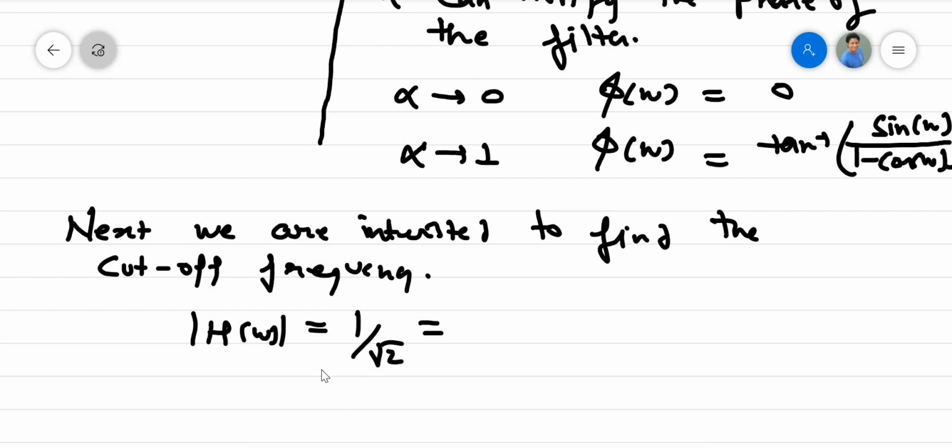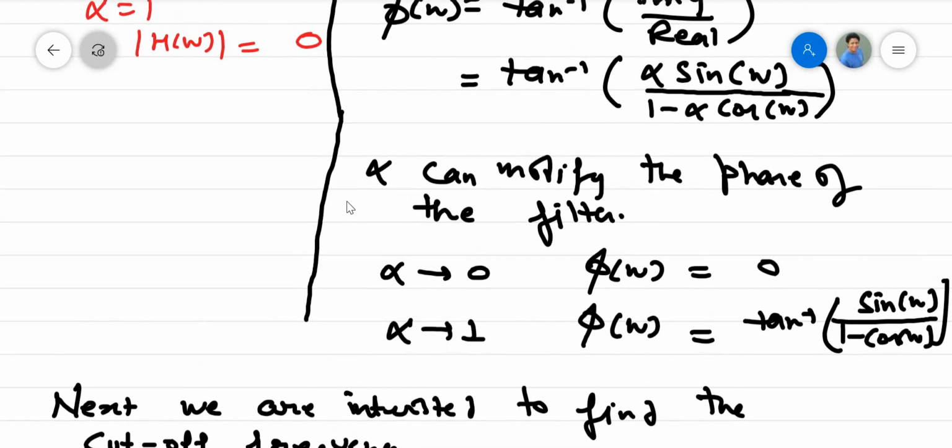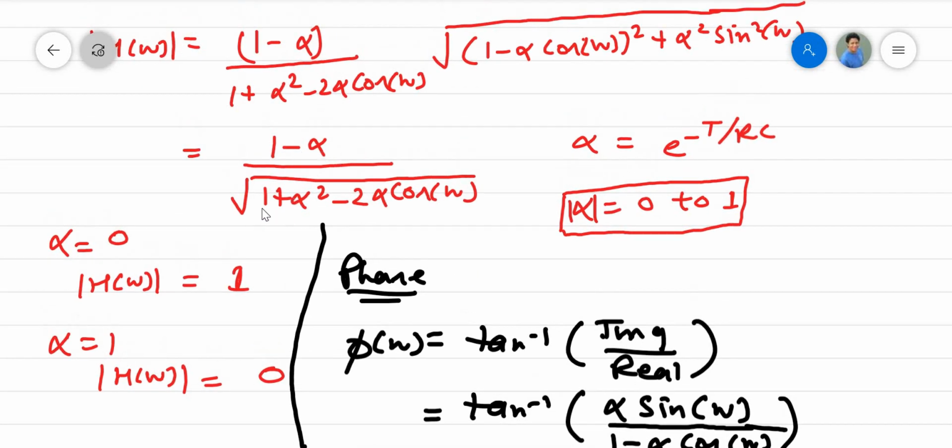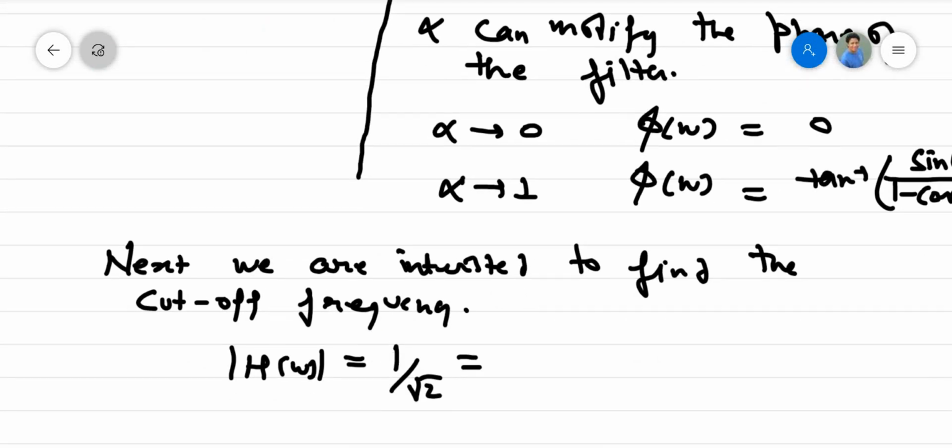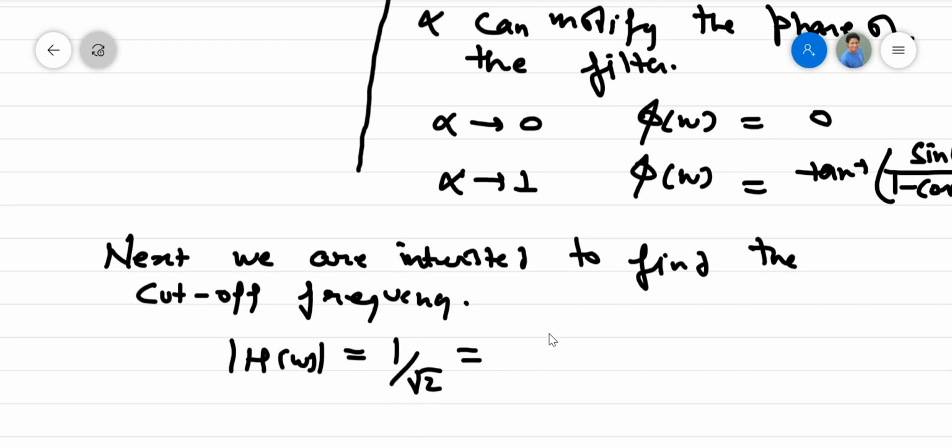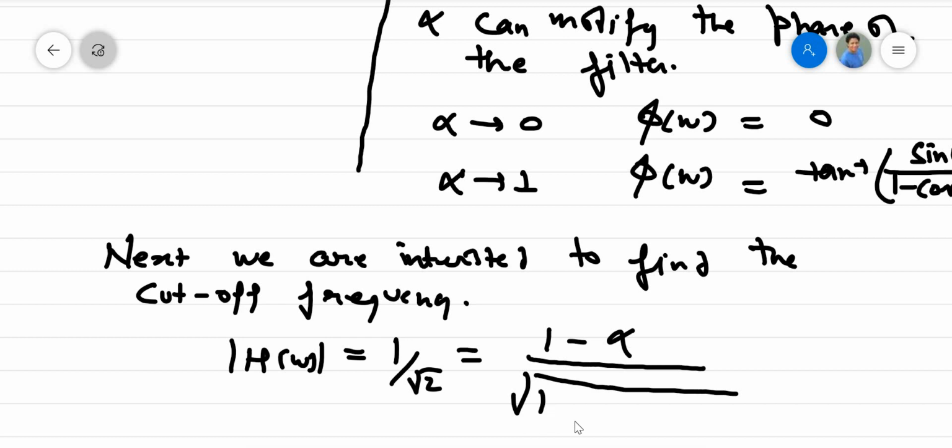And our magnitude, which we have already found, is 1 minus alpha over under root 1 plus alpha square minus 2 alpha cos omega, and that will be at omega c, right? So it is 1 minus alpha over under root 1 plus alpha square minus 2 alpha cos of omega c.